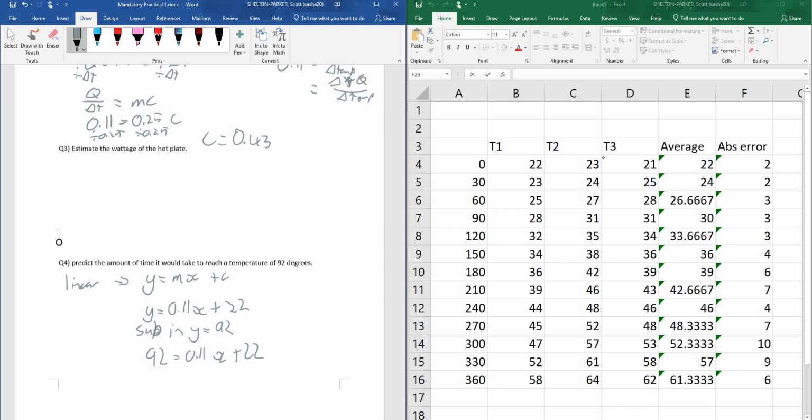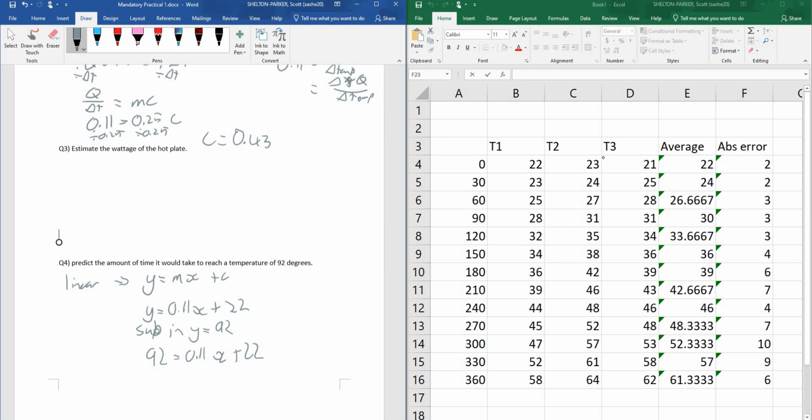At this point, guys, it's become a maths problem. You just got to rearrange that. I'm not too fussed about rearranging it because I want to get on with today's lesson, but that's the way you solve that problem. There are other ways as well. One way you could do it is you could say, well, at 360 seconds, the temperature is 61.3333 degrees.